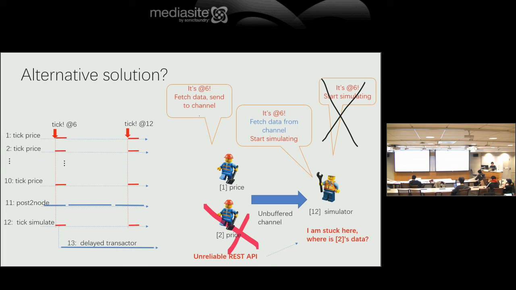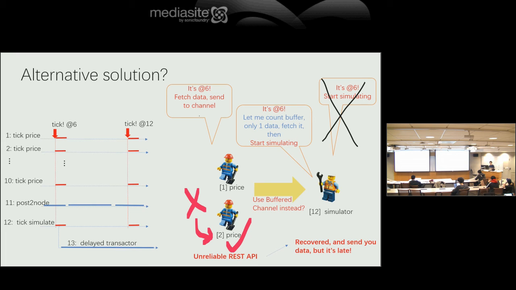Why is it stuck? Because we were using the unbuffered channel, and the unbuffered channel will cause the block. So what about using a buffer channel? If we use a buffer channel, the block is gone. But it also doesn't work.